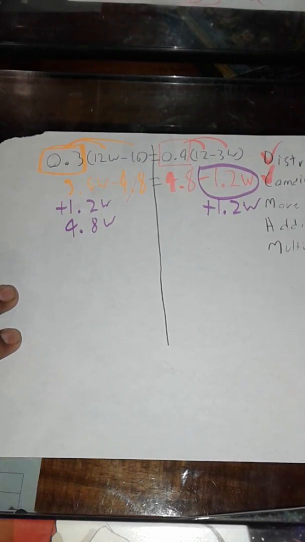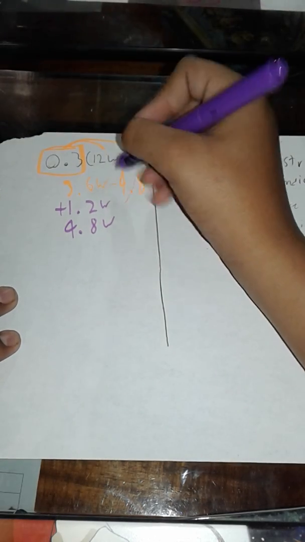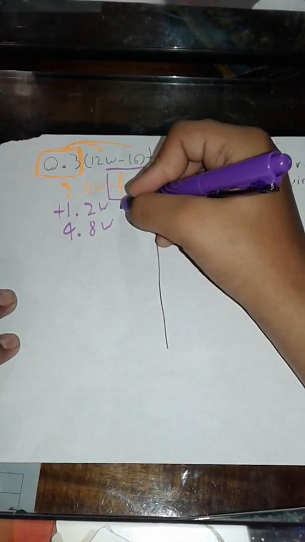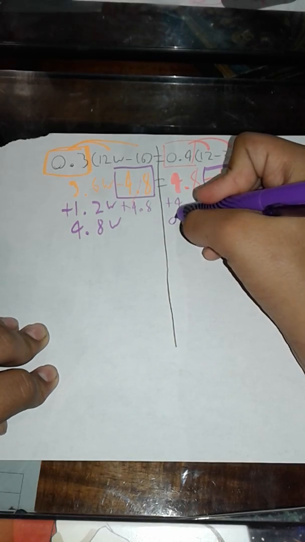Now we are going to move negative 4.8 to the other side by adding 4.8 on both sides, which is 9.6, with no w. Now that they're on the same side, carry down the equal sign. Now that we're done with M, we can cross that out.